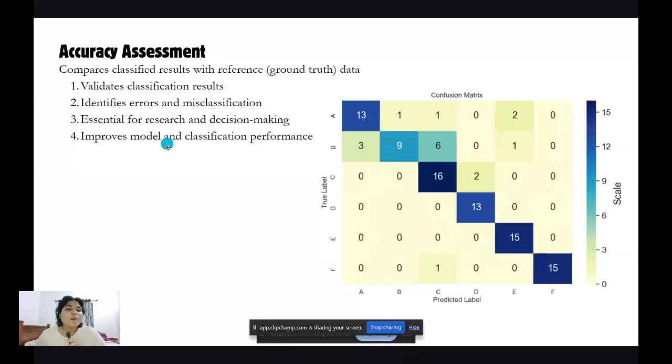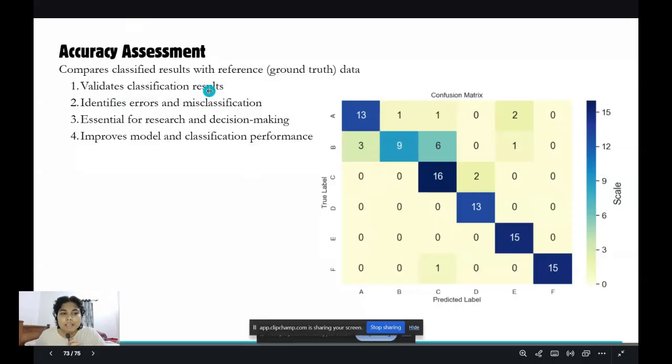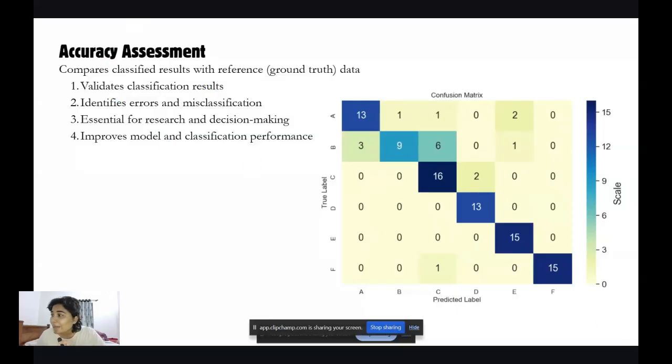Now, so what exactly does accuracy assessment do? It validates that whatever classification results you have obtained are accurate. It will also identify which region is giving you errors, or what is the reason why some misclassification is happening.